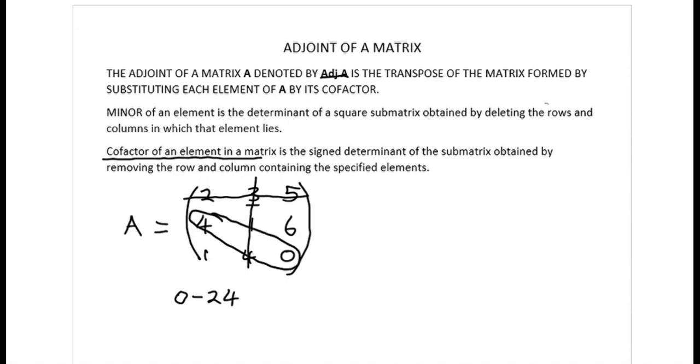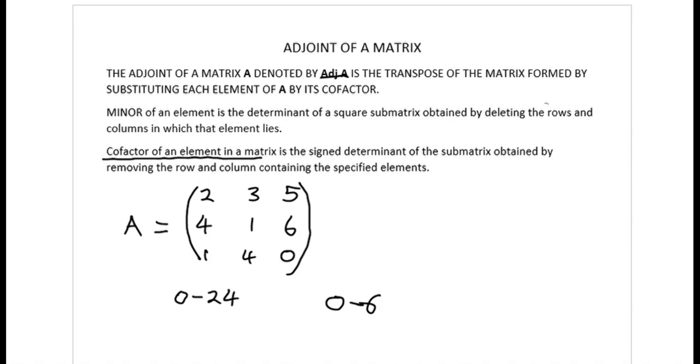Multiplying the elements in the principal diagonal, 4 times 0 is 0, minus the product of the elements in the secondary diagonal, 6 times 1 is 6. Each cofactor I get, or minor, I said I'm going to work with the term cofactor, is placed in the corresponding position that I'm also arranging it in.